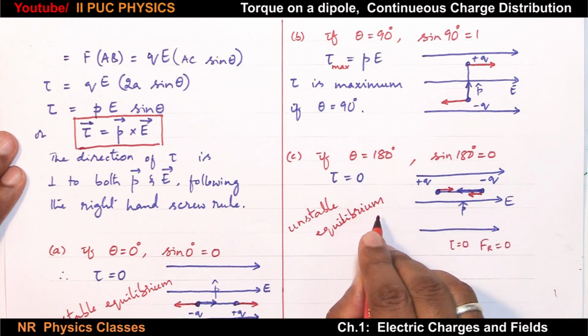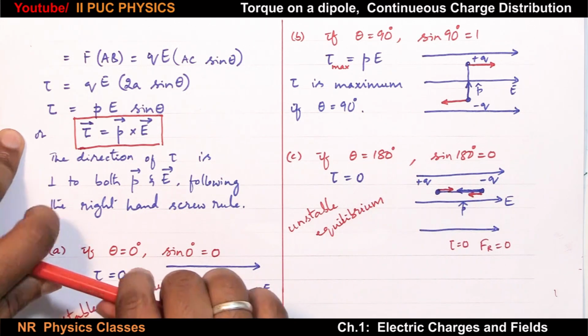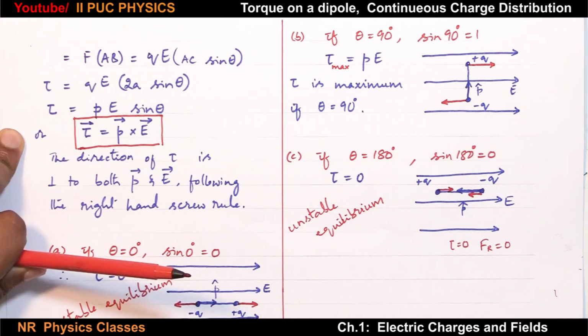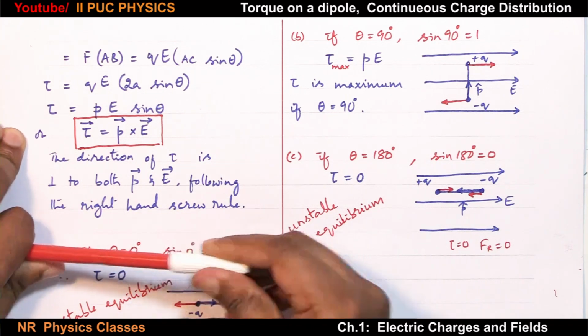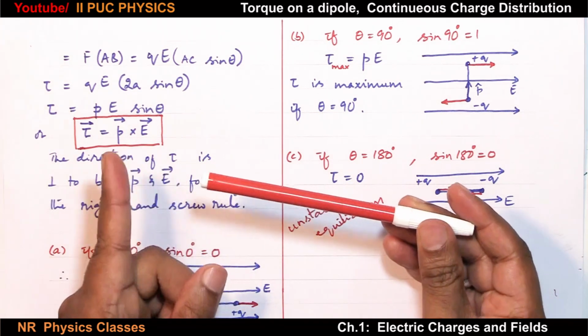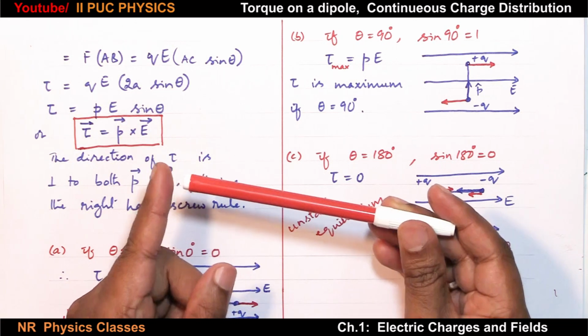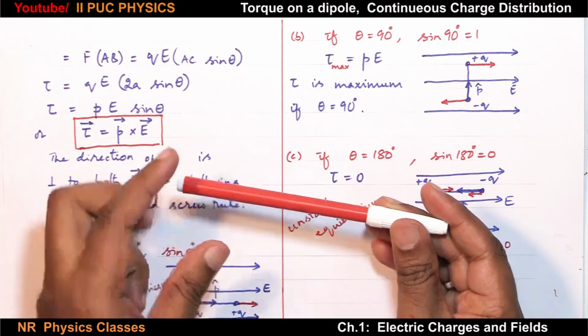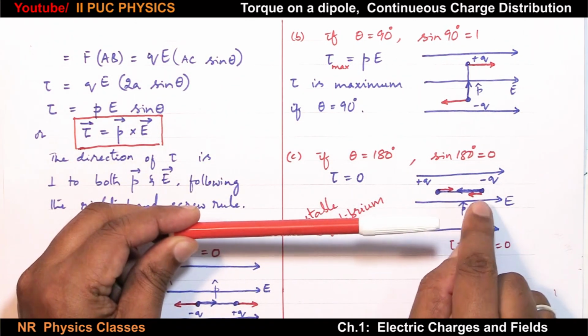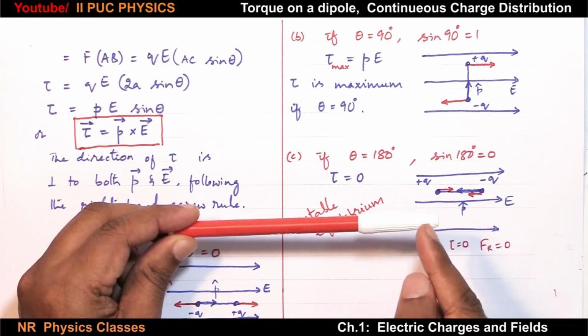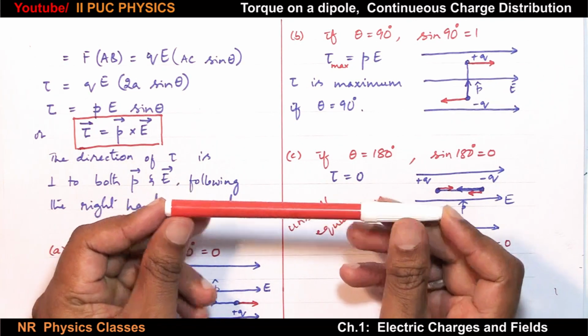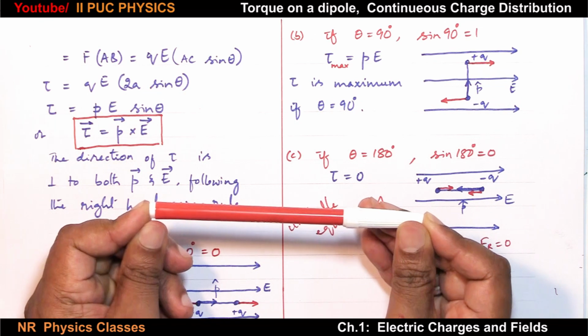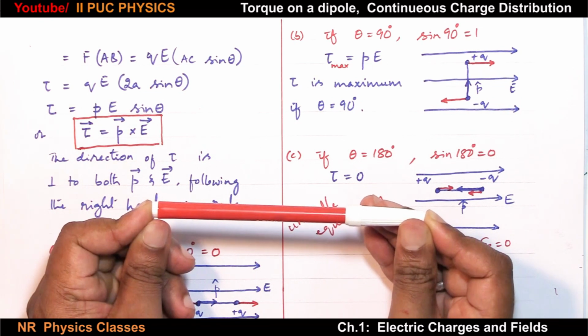What is the meaning of unstable equilibrium? If this is the pen, let me apply force on one end in this direction like this, and this force in this direction. So as long as theta is exactly 180, resultant force is 0, torque is also 0.